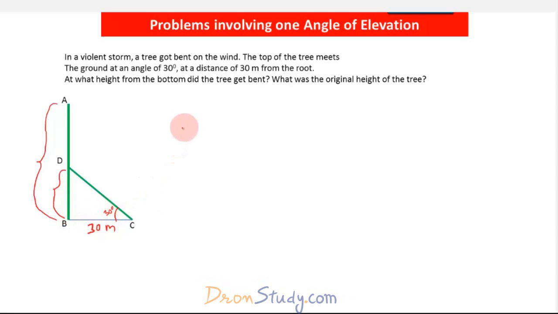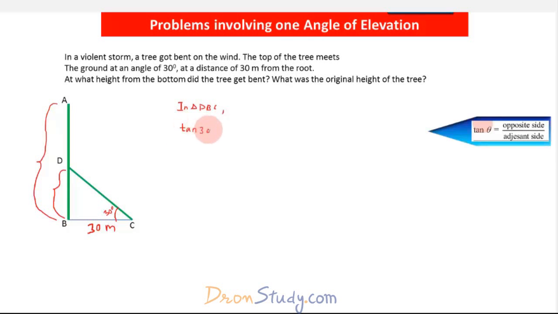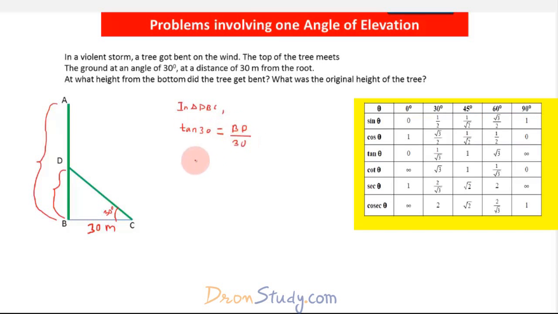So in triangle DBC, tan 30, we know that tan theta is equal to opposite side upon adjacent side. So tan 30 will be equal to BD upon 30. Tan 30 is 1 upon root 3, which is equal to BD upon 30.